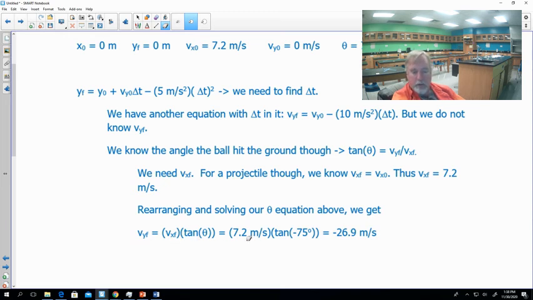We were given Vxf, we were given the theta, so we calculated our Vyf is 26.9 meters per second. Good. Now, I think that was the hard part here, to realize how do we use that part of our information. The tangent of that theta tells us our velocity in the y direction divided by the velocity in the x direction. So we're able to get our Vyf.